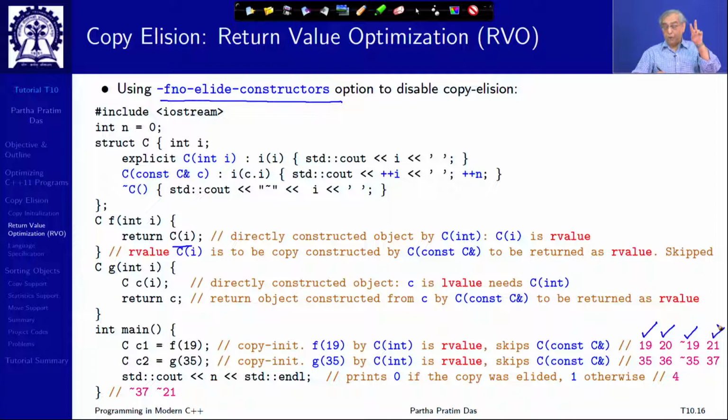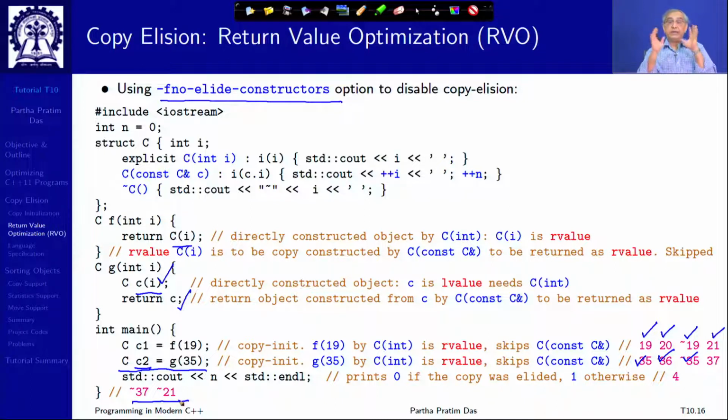You can see that 2 copies and 1 deletion are happening additionally here. Whereas, when you do the other thing, you see the same behavior. It first constructs, then it copies, return by value, then it destructs the local object C, and then it copies into C2. Right. Finally, C1 and C2 are destructed.